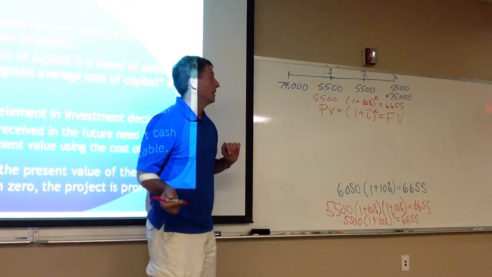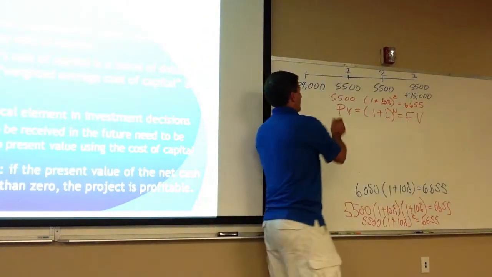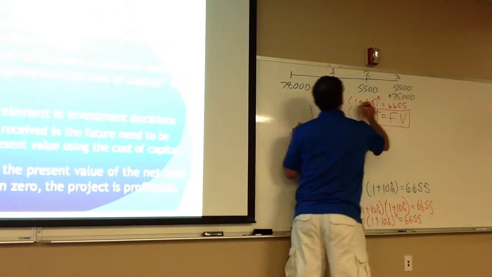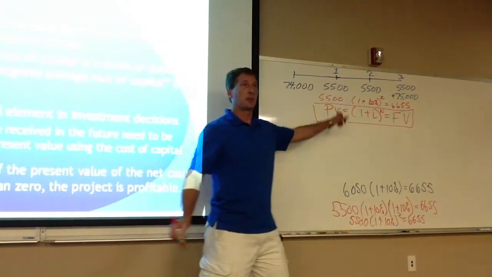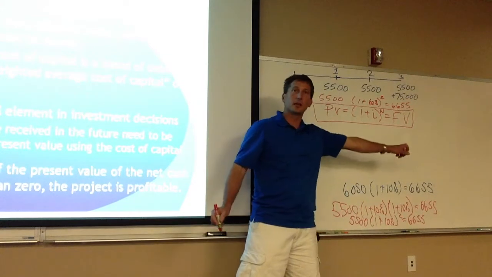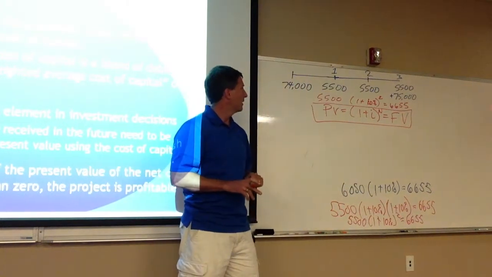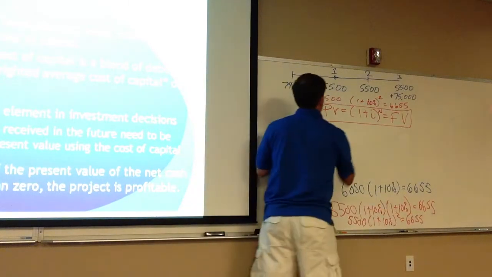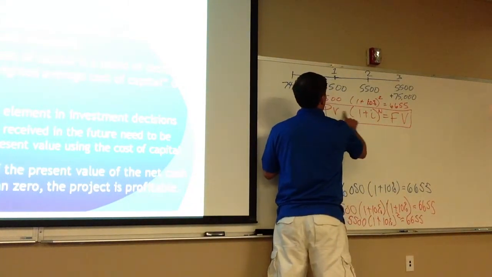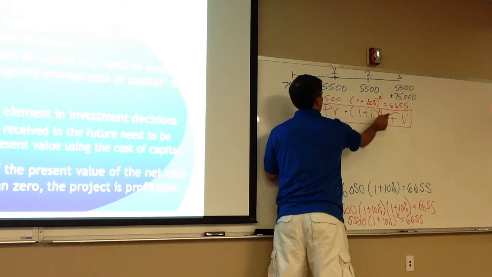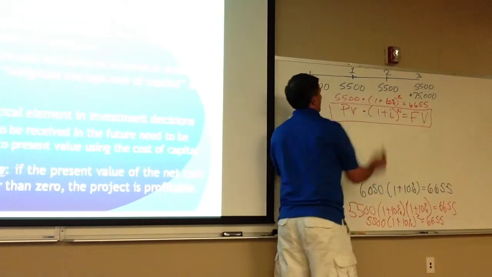So this is how we convert a present value to a future value. And this is not an equal sign here. The present value times this chunk, sorry, equals the future value.